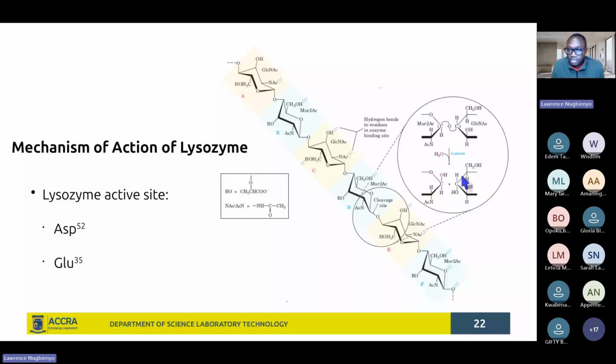So we see that occurring with lysozyme breaking down that glycosidic bond in peptidoglycan, which will result in bacterial death. So that's the action of lysozyme.